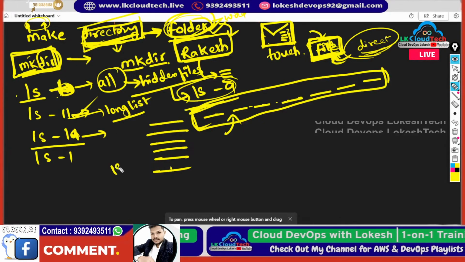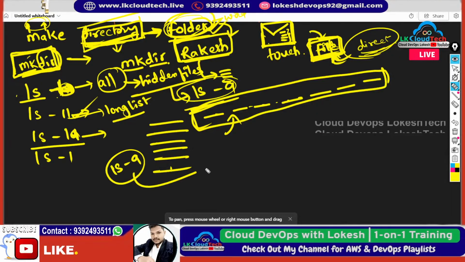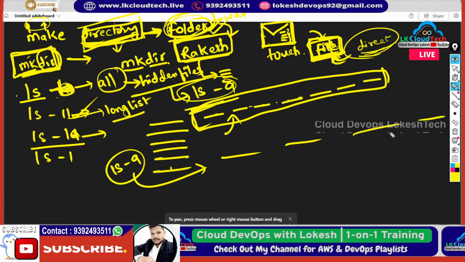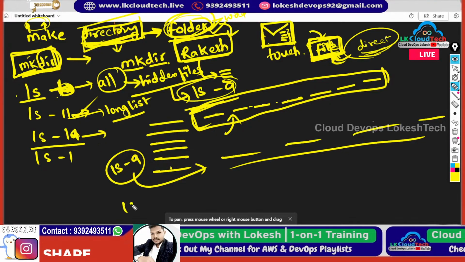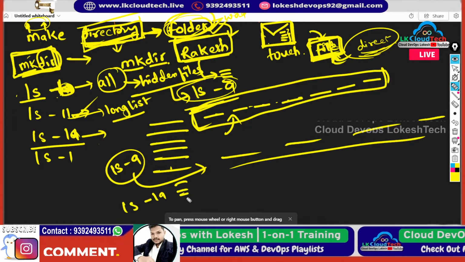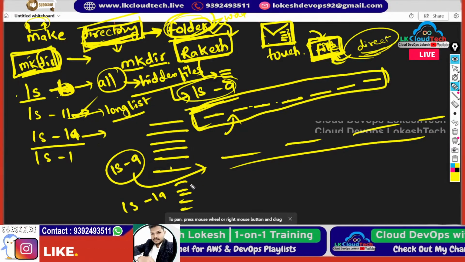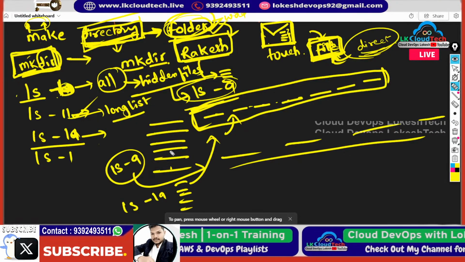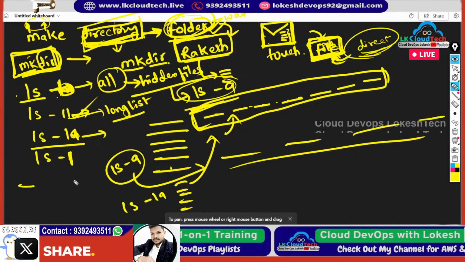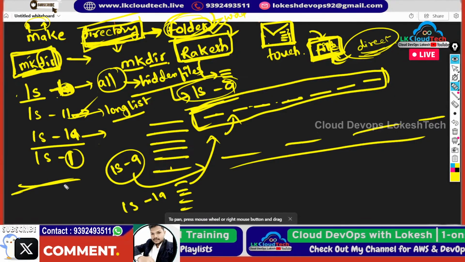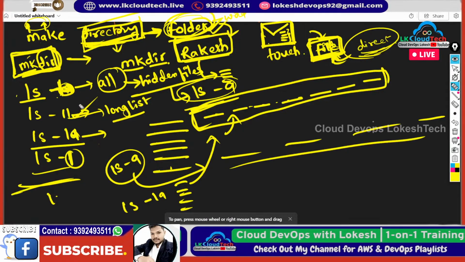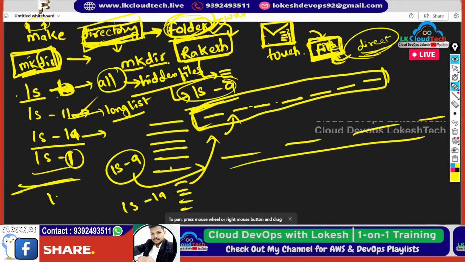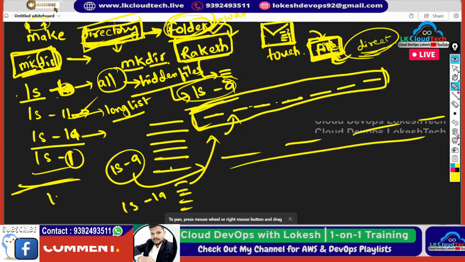If you use ls -a, this will display files in a horizontal manner. ls -la will show in a vertical direction along with the complete details. ls -l we already discussed, it just shows the list, that's it. So this is all about list. Next.